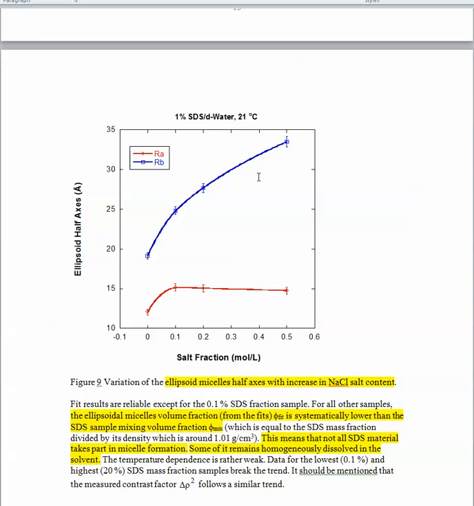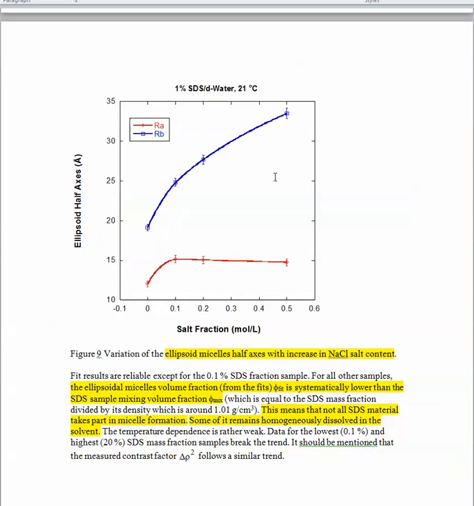The major axis increases tremendously. What does it mean? It means that these oblate ellipsoids are just like pancakes. They'll grow laterally, but will not grow that much as far as their vertical dimension.